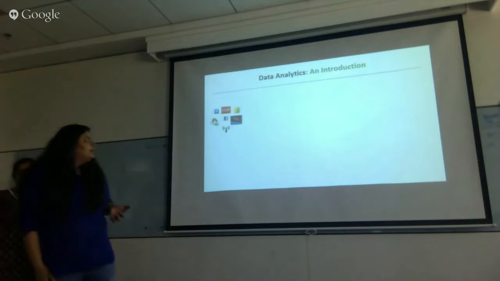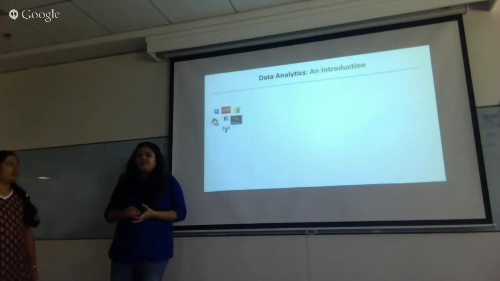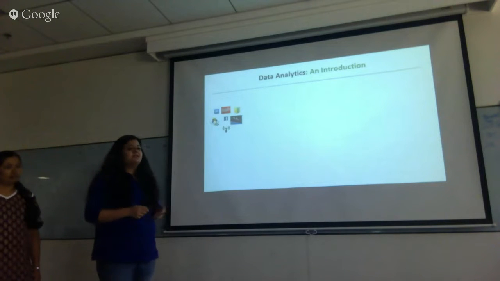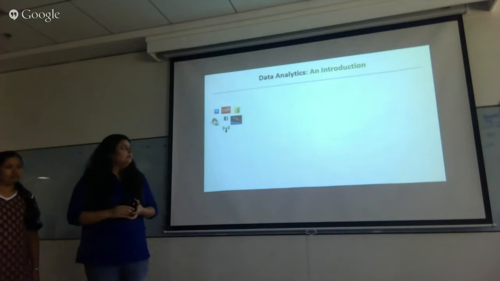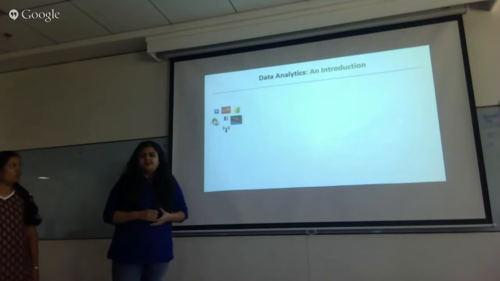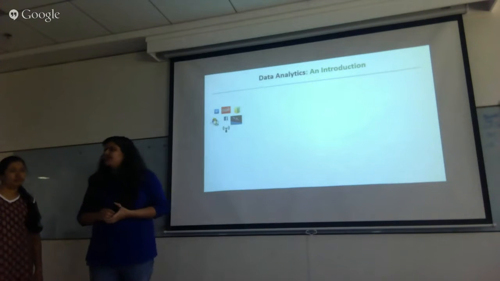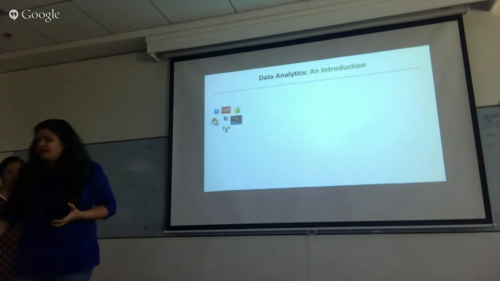The first step is the data collection step. The data collection could be done from different sources. It could be social media websites like Yelp, Facebook, Twitter, your databases, sensor data, satellite data. You can have survey results. So there are different sources from where you can look for data.